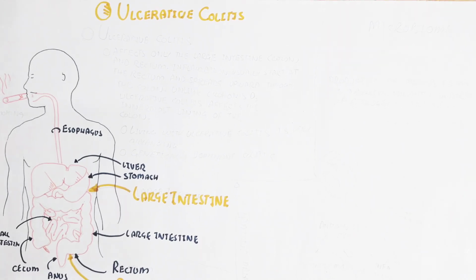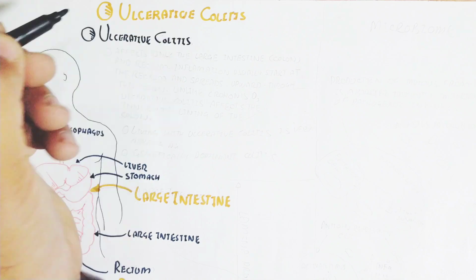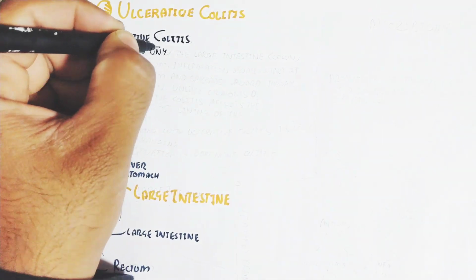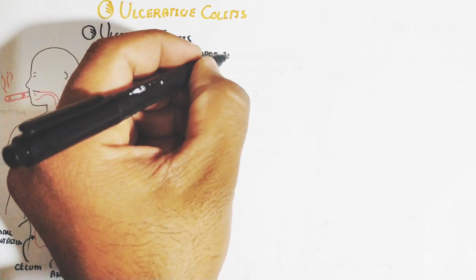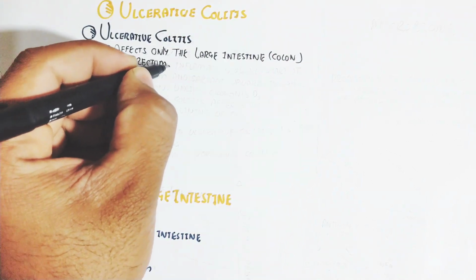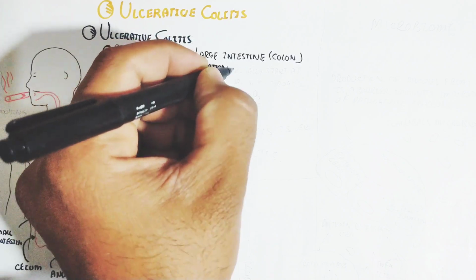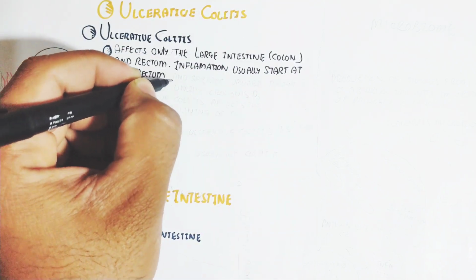It is not like Crohn's disease. Ulcerative colitis affects only the large intestine, colon, and rectum. Inflammation usually starts at the rectum and spreads upward through the colon.